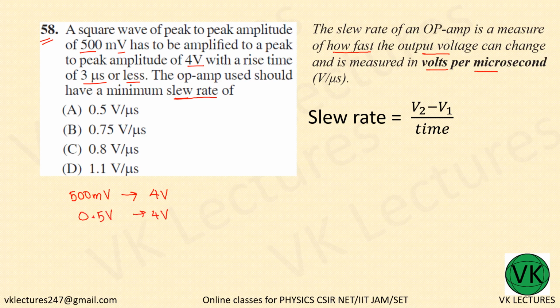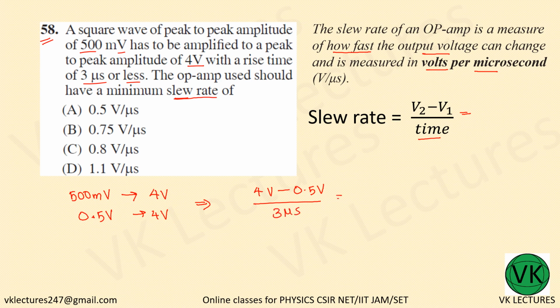Now what is the slew rate formula? V2 minus V1, that means the final voltage minus the initial voltage, divided by time. So V2, that is the final voltage, is 4 volt minus the initial one, 0.5, divided by the time taken, that is 3 microsecond.